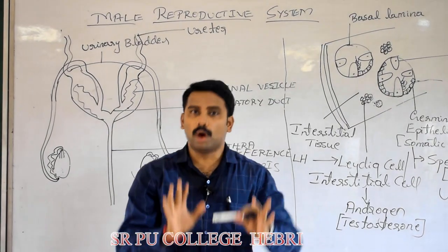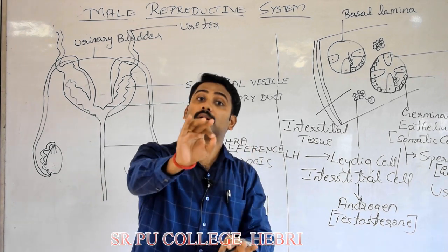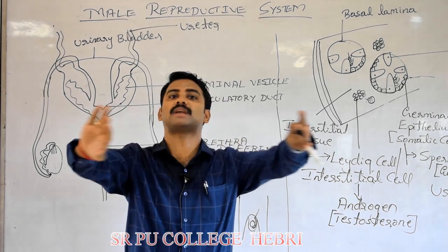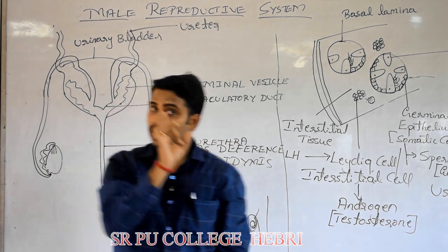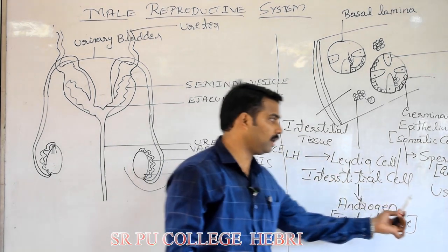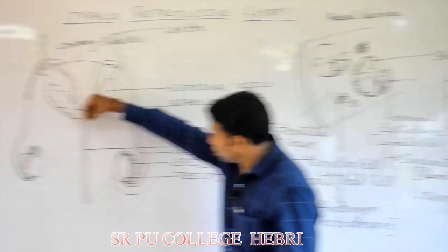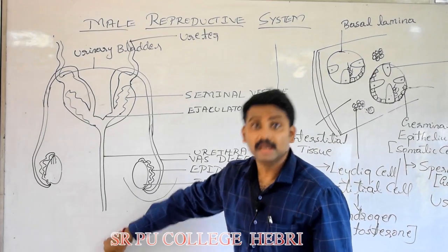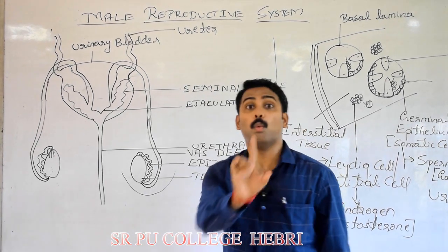In female what happens is the urinary system opening and reproductive system opening are separate. Both did not fuse in female, only in males this is common. So what do we call it? Urinogenital duct, through which urine is also eliminated, semen also goes out, but one at a time.